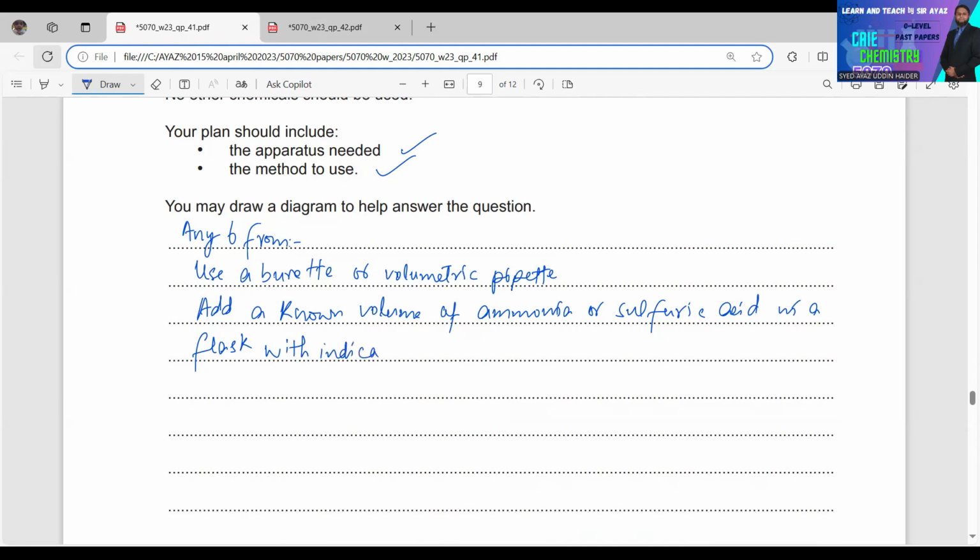If you want, you can write the name of the indicator. Add the other reagent into the flask. Now you have already mentioned the names of ammonia and sulfuric acid, so no need to write their names again. You can write add the other reagent in a flask.